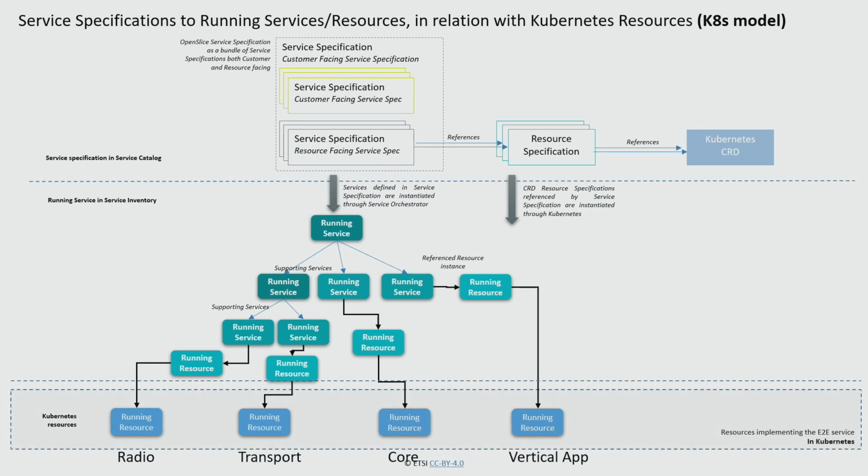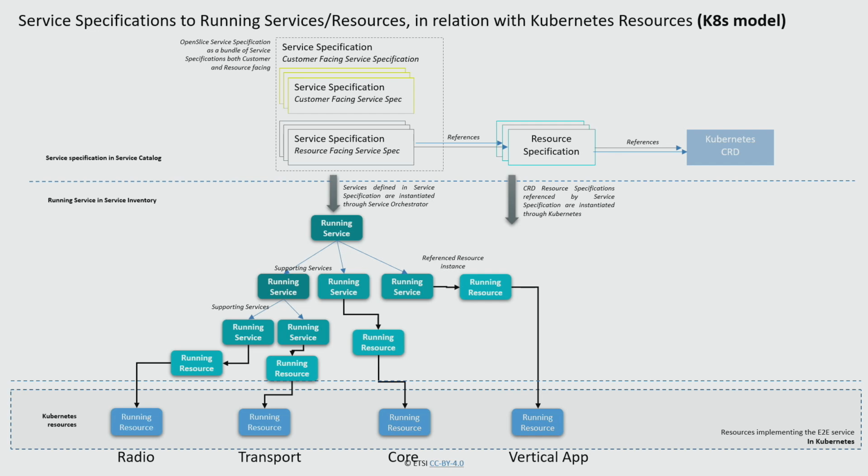So you've spoken about specifications, or what the user actually sees when browsing OpenSlice. A specification is a service blueprint, if I may say, or an artifact that describes what the customer will receive when they order it.